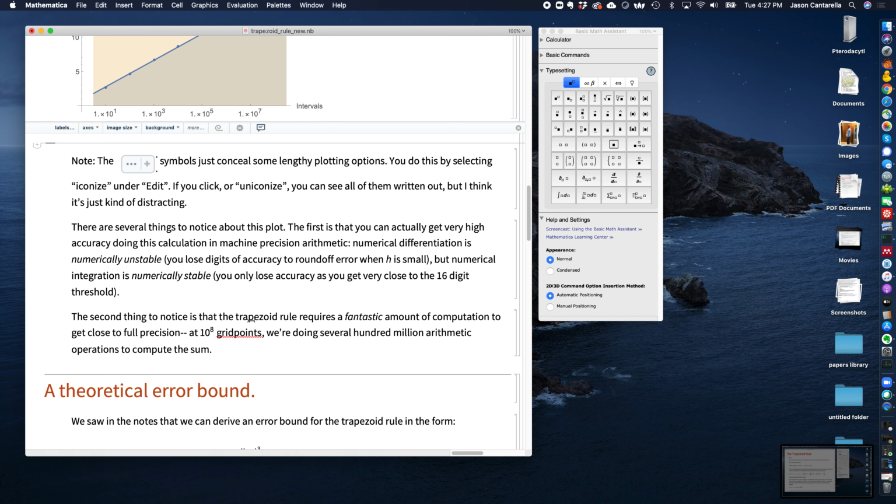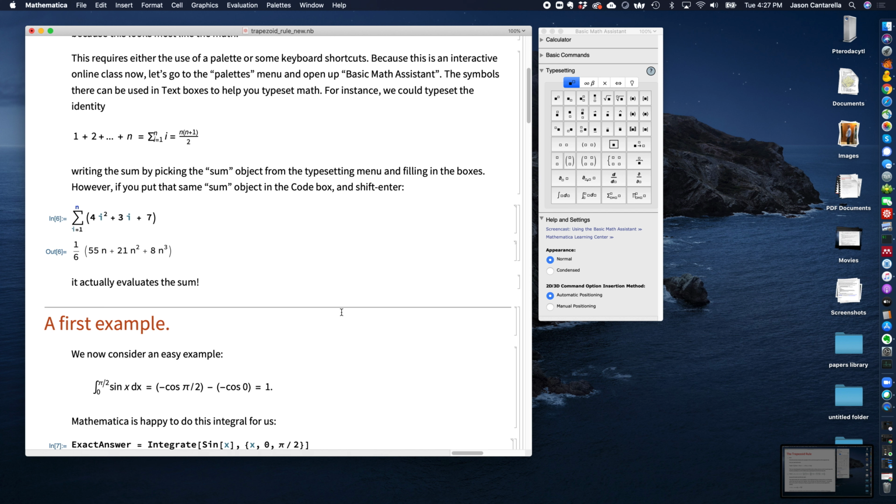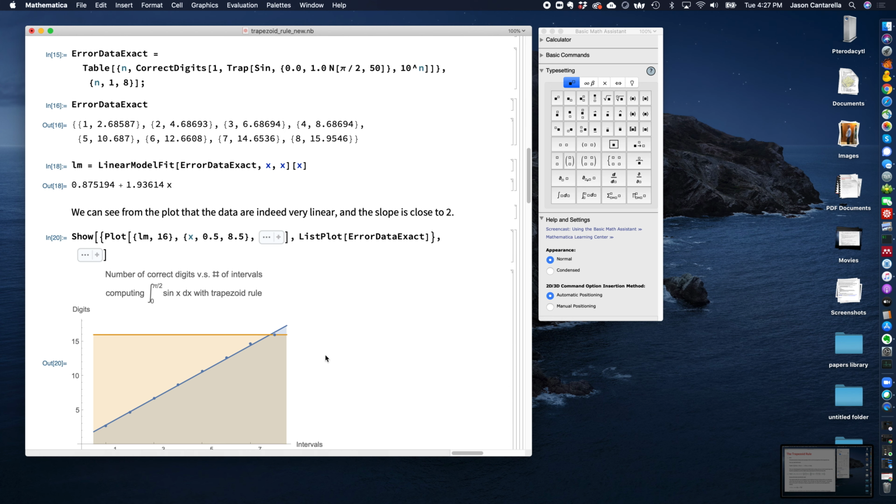And you have to compute the location of the grid points. So if you see what's actually in the sum, I have to recompute b minus a over n every time, multiply it by i, add a, evaluate sine of it, multiply it by 2, and add to the sum. So that's quite a bit of arithmetic.